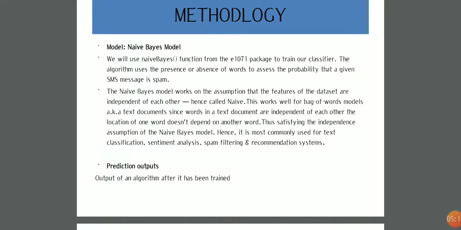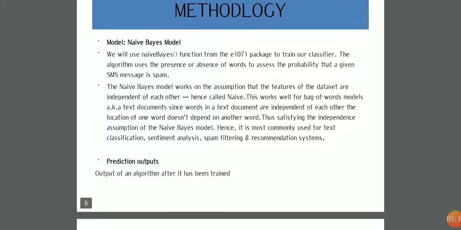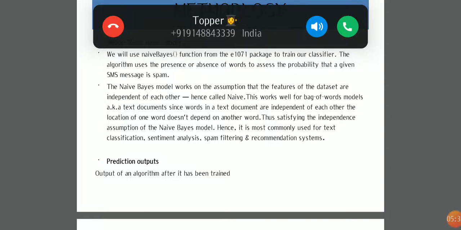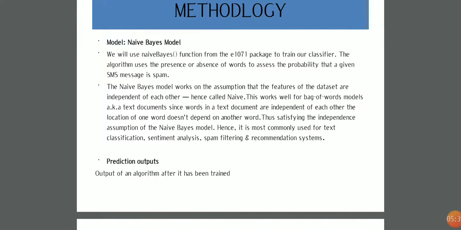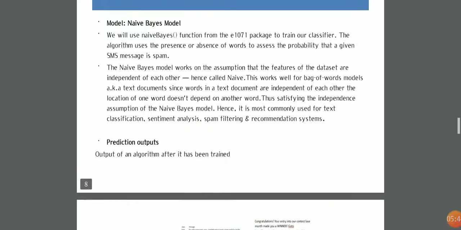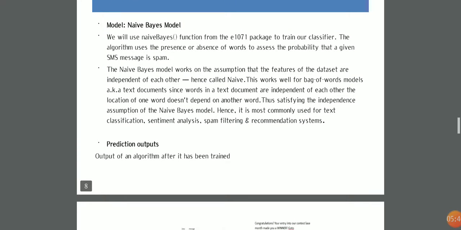This works well for bag of words models, a.k.a. text documents. Since words in a text document are independent of each other, the location of one word doesn't depend on another word, thus satisfying the independence assumption of the Naive Bayes model. Hence it is most commonly used for text classification, sentiment analysis, spam filtering, and recommendation systems. Prediction outputs: the output of an algorithm after it has been trained.